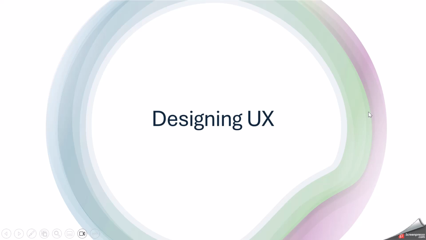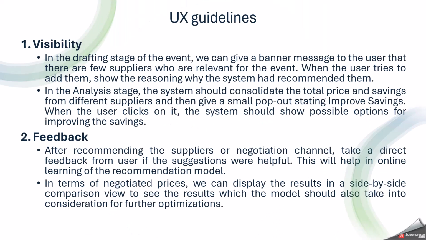Talking about designing the UX, we'll follow the UX guidelines as we learned in the module. The first one being visibility. In the drafting stage of the event, we can show a simple banner message to the users, which is quite intuitive for the users to click on.